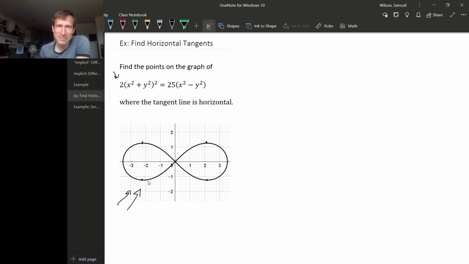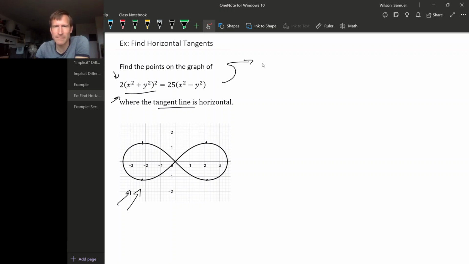But anyway, to find places where the tangent line is horizontal, we'd better find the slope of a tangent line. So we need to find y prime. And to find y prime, of course, we have to use implicit differentiation because there's no way we're going to be able to solve this for y. So let's take a derivative with respect to x. In this first piece, maybe it's going to be easier if we multiply out this left-hand side first.